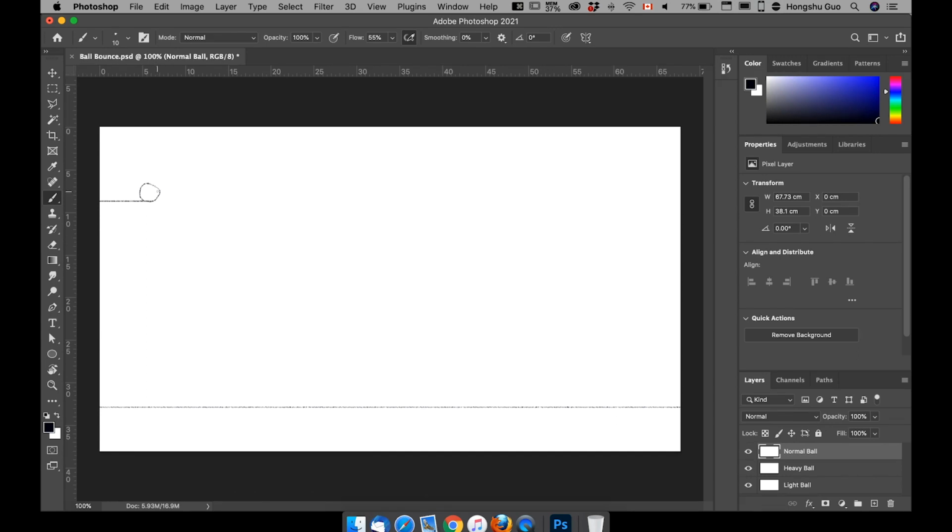Let's say, for example, this ball we have here is going to be a normal ball. What is a normal ball? It's something that's not too heavy, not too light, not too bouncy. Maybe a golf ball.